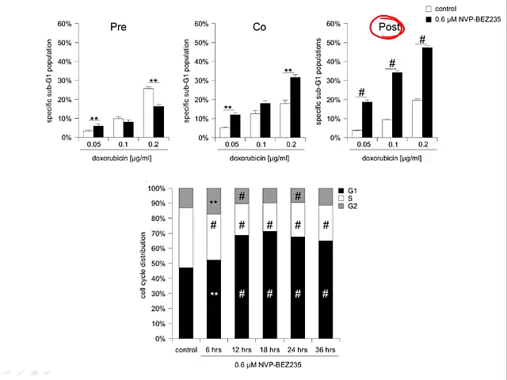Now, if we use the pre-treatment, where we get a reduction of apoptosis, which is what we don't want, that's probably due to the cell cycle. Basically what we do here is we already block the cells from proliferating, from cell cycle progression, prior to giving doxorubicin. So those cells, at 12 hours, are already not cycling.